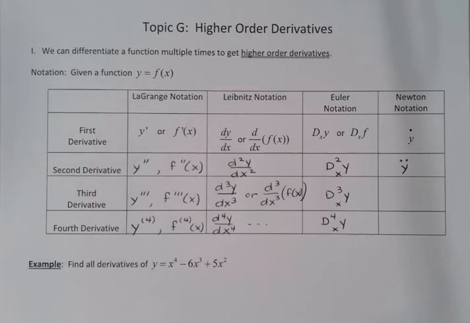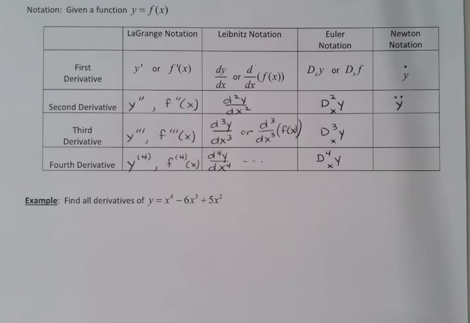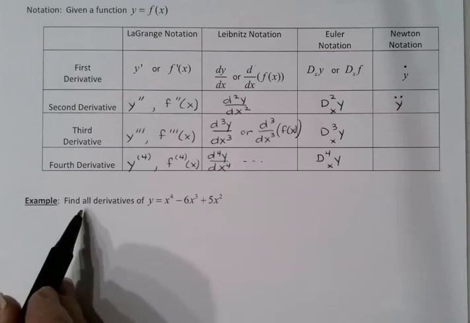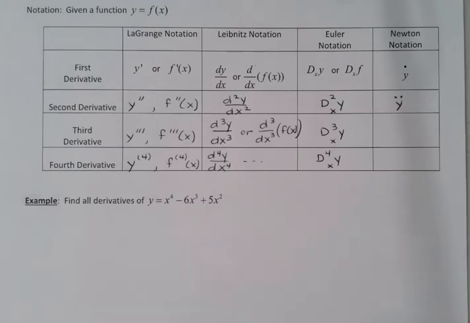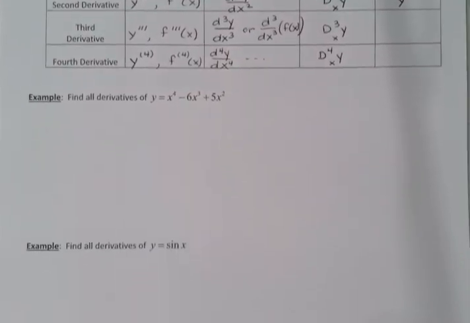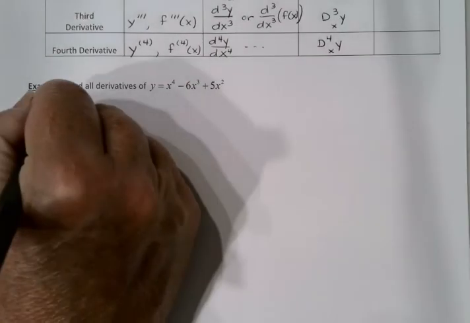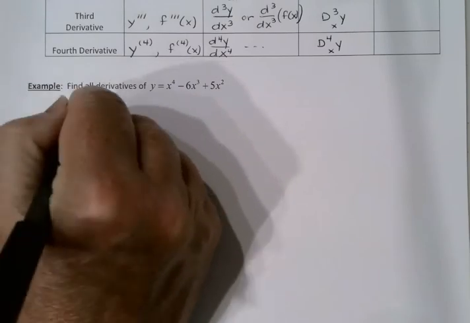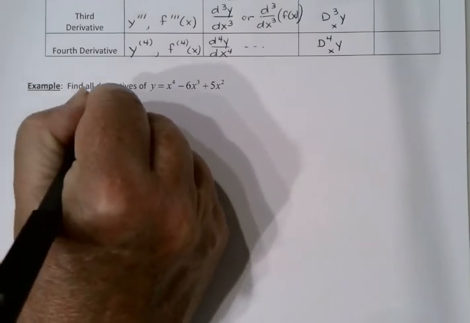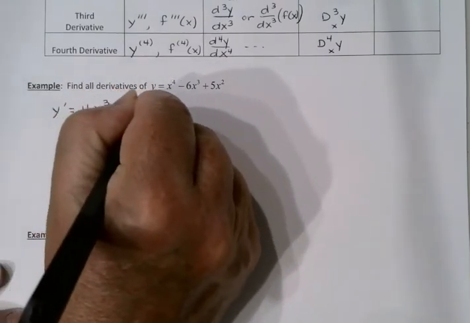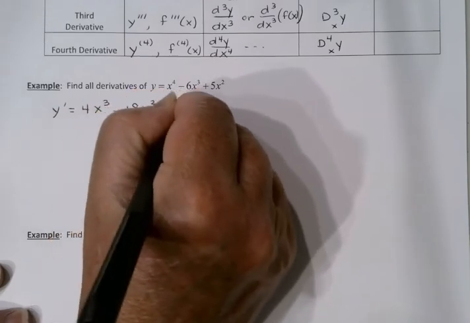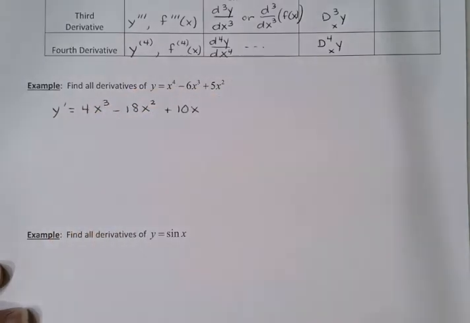All right, in our first example, we'd like to find all derivatives of y is equal to x to the fourth minus 6x cubed plus 5x squared. What exactly I mean by all derivatives, I think will become clear as we start doing this problem. So I'll start with my first derivative, 4x cubed minus 18x squared plus 10x.